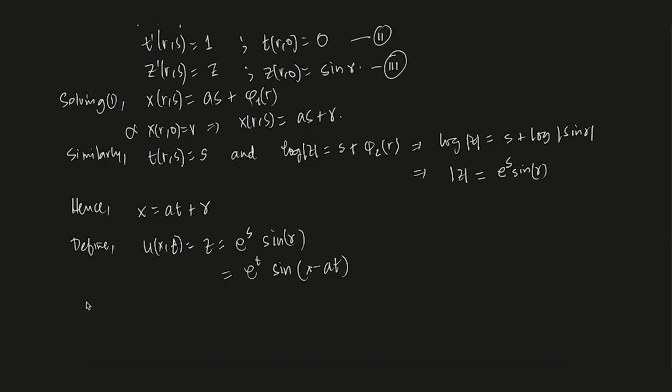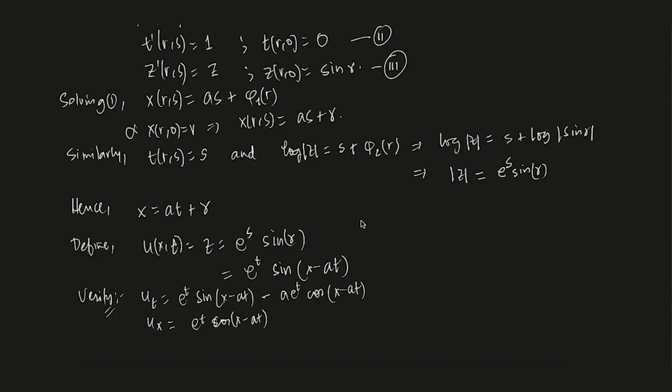So verify. ut is e to the power t sine of x minus At, minus A e to the power t cosine of x minus At. This is what we are getting, and ux equals e to the power t cosine of x minus At. This is what we are getting, right?